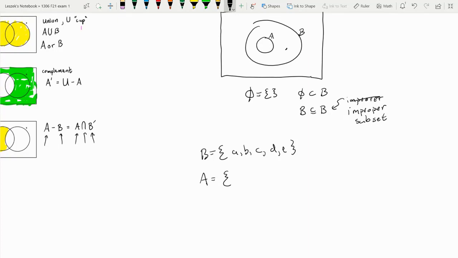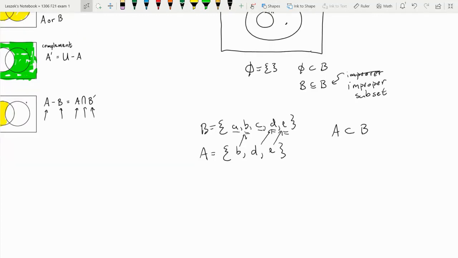We could choose to include A or not. Let's say we don't. We can choose B. We can include C, but we won't. We can include D and then E. So you see that every element that's in set A is also in set B. A is completely contained in set B. So A and B are both sets, but A is a subset of B. Everything inside of A is also in B.